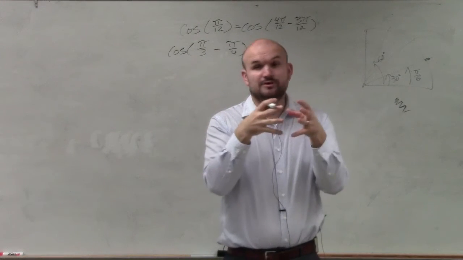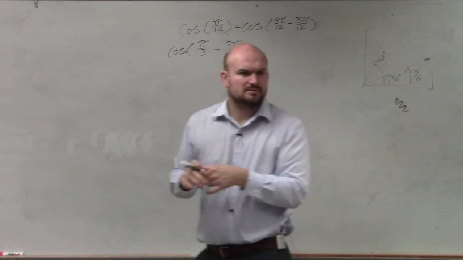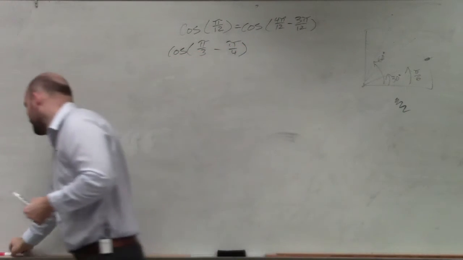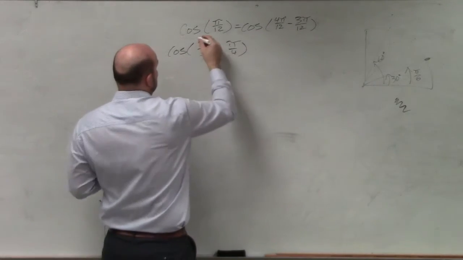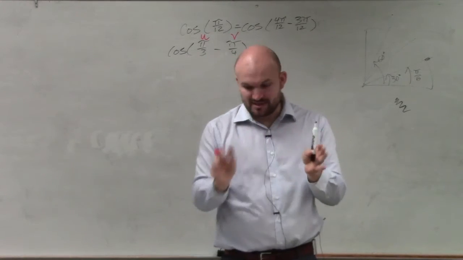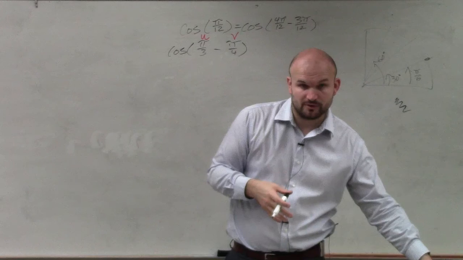Now, whenever we're doing these values, what's really important is to label them your u and your v. Forget about the minus or the plus, because all the minus or the plus tells you is which formula we're going to use.